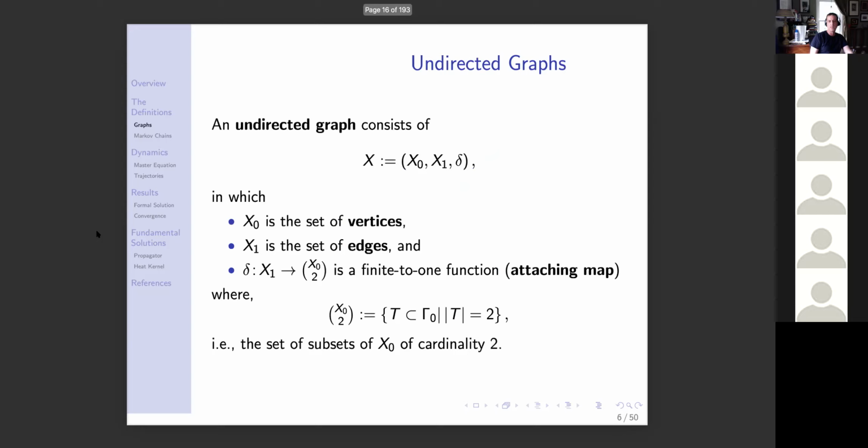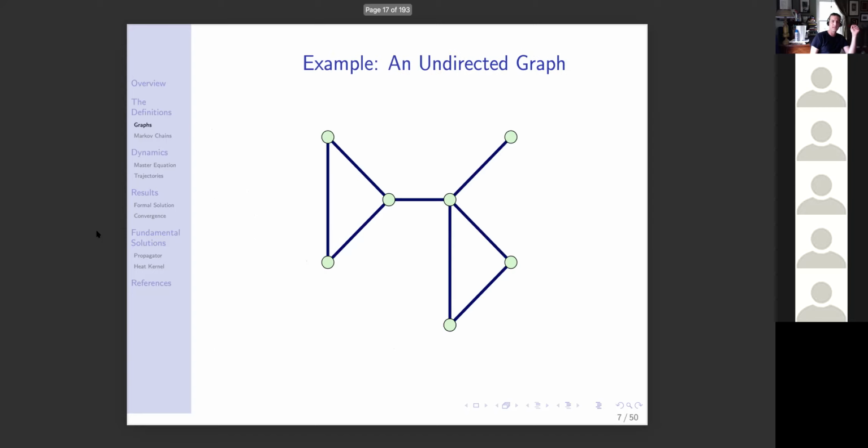Now, there's nothing in my definition that requires a pair of vertices to be connected by only one edge. You could have multiple edges connecting them, but I did not depict that in this picture. So a pair of vertices can have multiple edges, but I'm not allowing, because it's not necessary, loop edges that connect a vertex to itself.